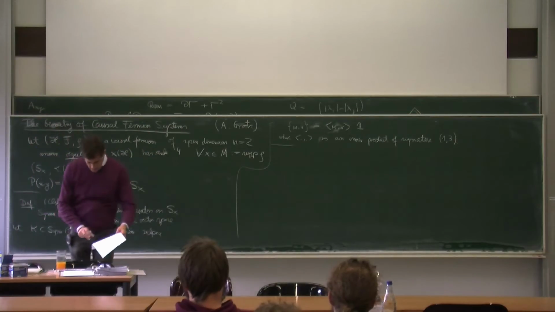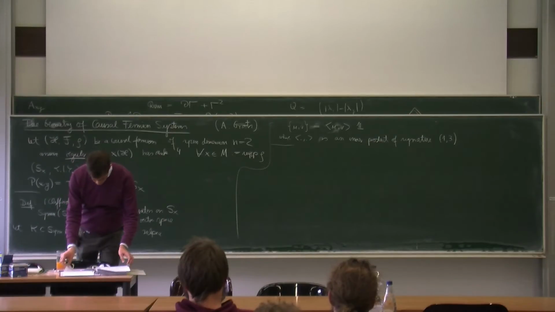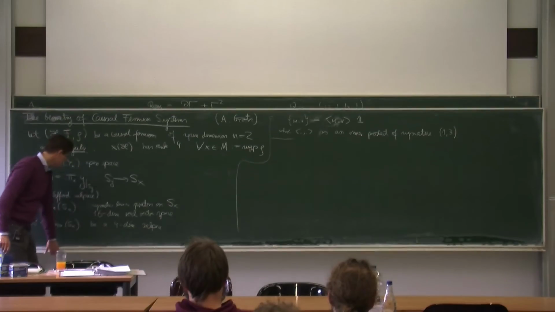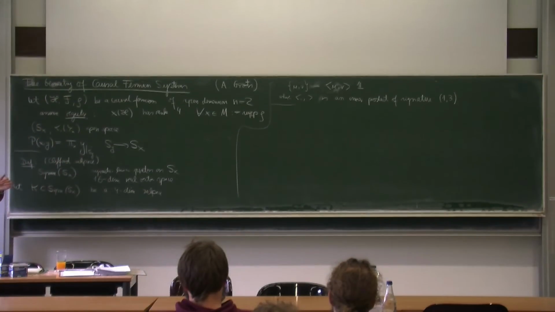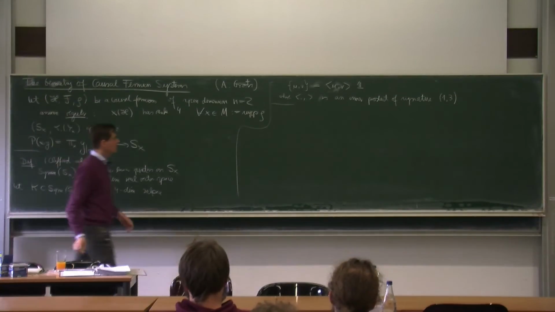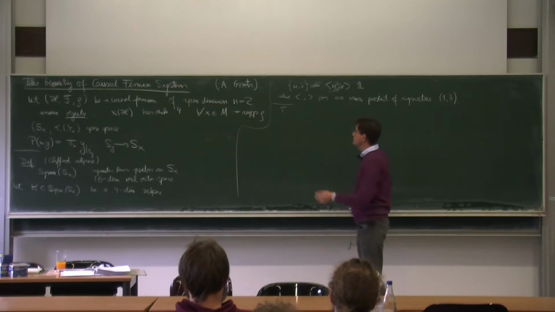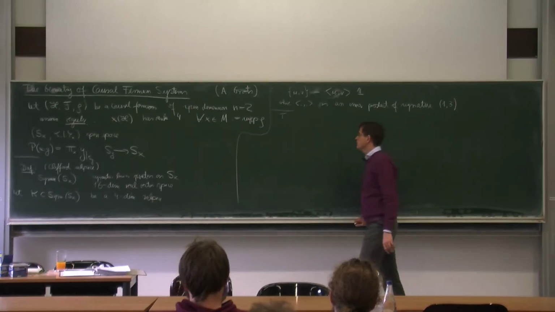Okay, the problem with this definition is that there are many such Clifford subspaces, which is of course not so surprising, because we saw before that there are many representations of the Dirac matrices and so on.